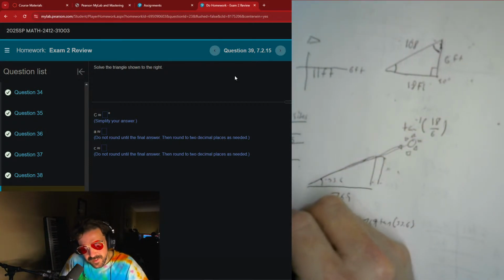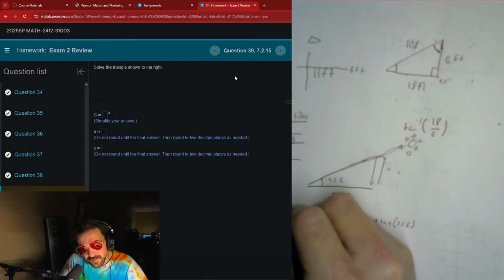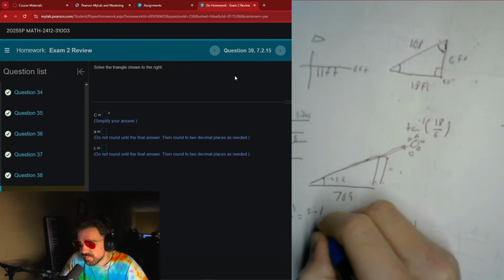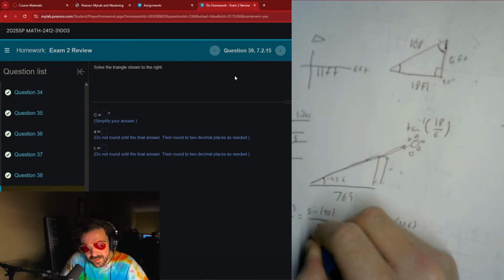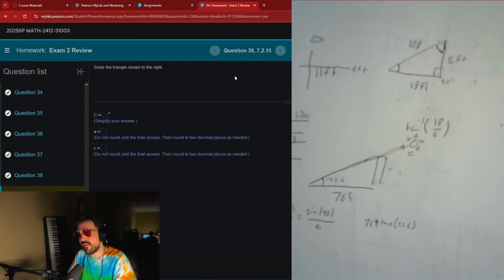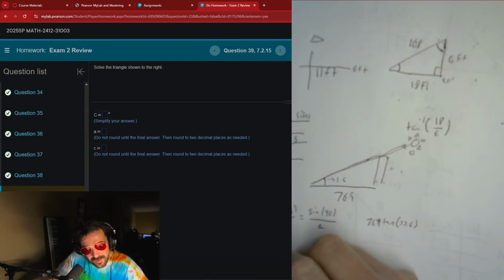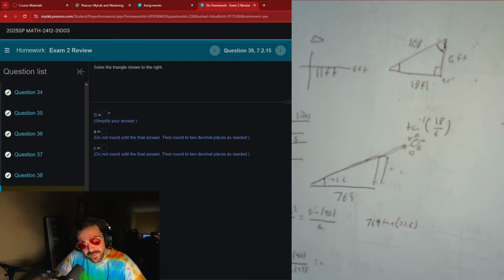So we got sine 35 is equal to sine 40 over A. So this is 5 sine 40 divided by sine 35 is equal to A. All right.